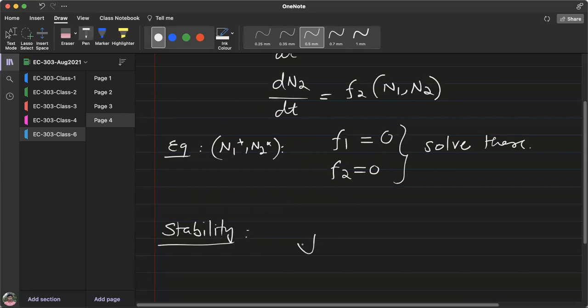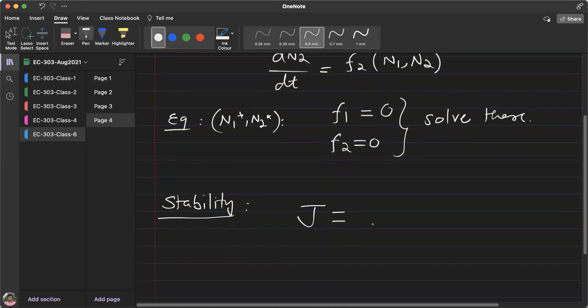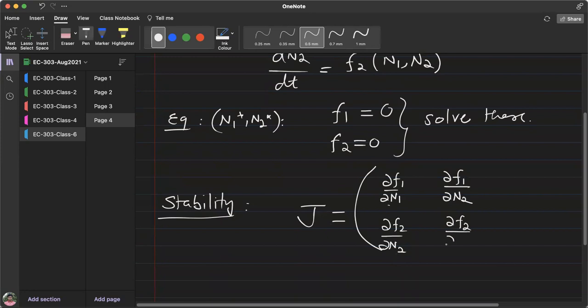To know stability, we need to compute something called the Jacobian matrix, where basically we linearize these equations, and when you linearize, you get all these derivatives. The Jacobian will have these terms: the derivative of the first function with respect to N1 and N2, and likewise the second row will have the derivative of the second species growth function with respect to both species.